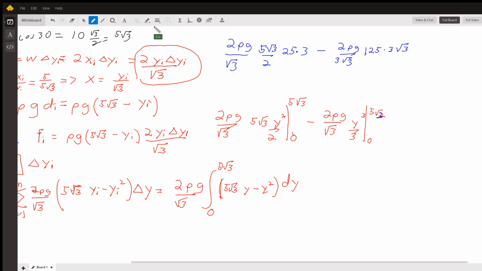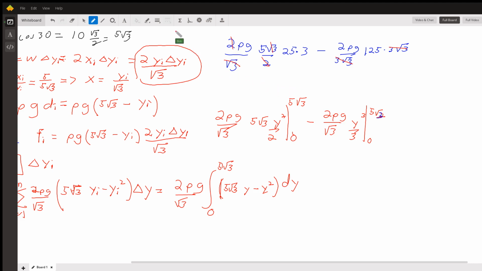Let's take a look at what we got going on on the right-hand side before we move to the left-hand side. On the right-hand term, these cancel. I love when that happens. On the left-hand side, this cancels that. The 2's cancel.